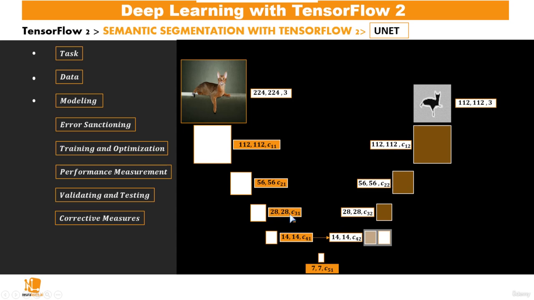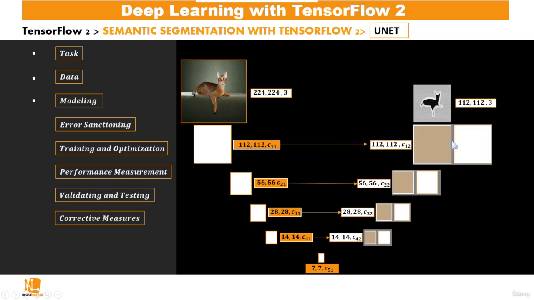Then again we shall take this output and concatenate with this output right here to obtain this new output. We take this, concatenate with this one to get this new output. We take this output and concatenate with this to get this new output, and then we train our model end to end. And from the structure of this architecture, we see exactly why we call it a UNET model.